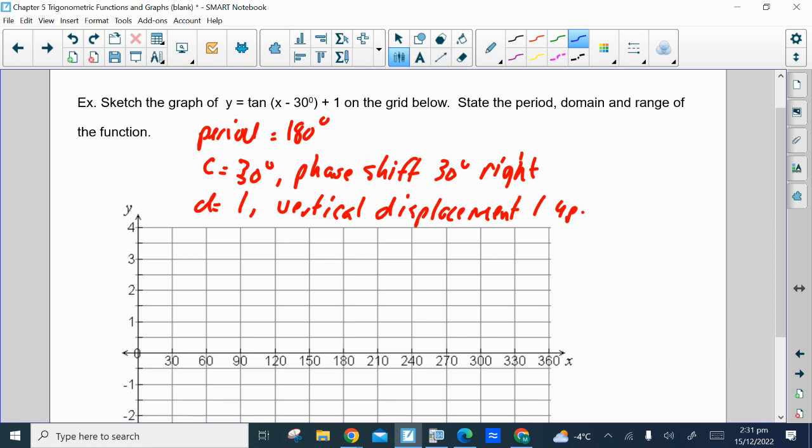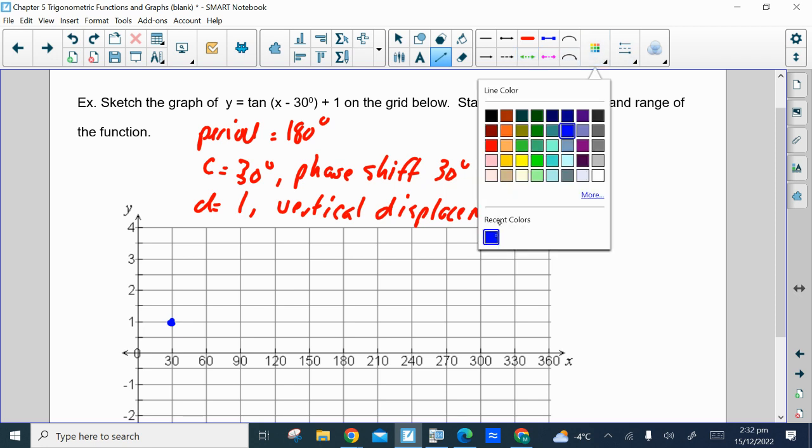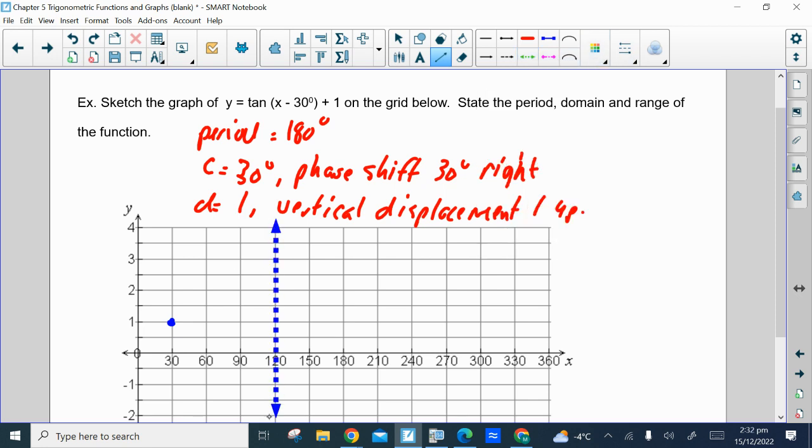So the graph of tangent normally started at 0, 0, but now it's going to go 30 degrees to the right and 1 up. The first asymptote was normally at 90 degrees, but now it's going to be at 120 degrees. The period hasn't changed, so if you go 180 degrees from 120, that'll take us to 300.